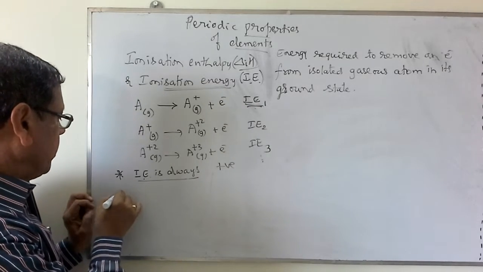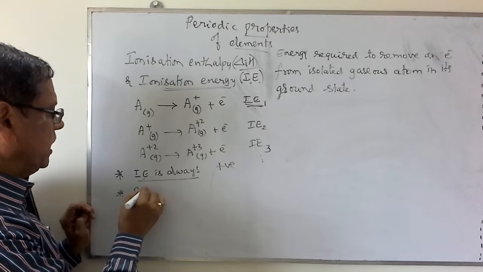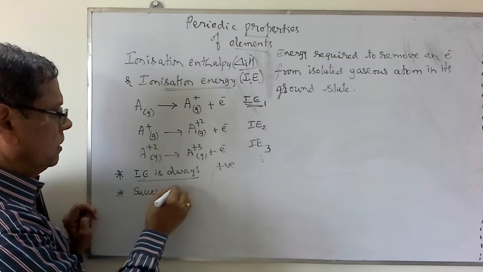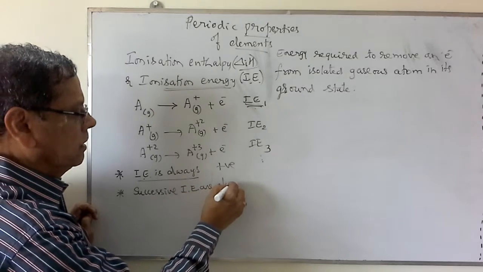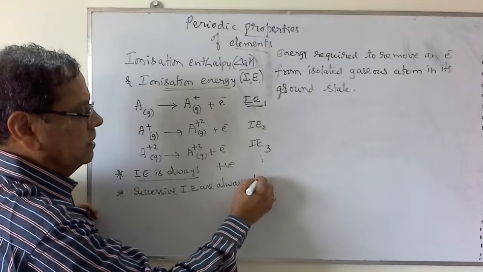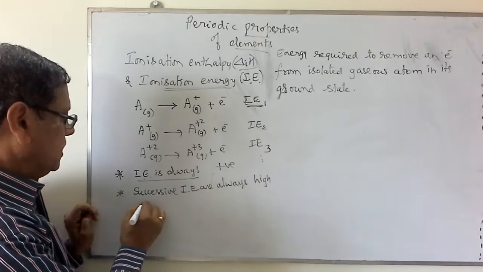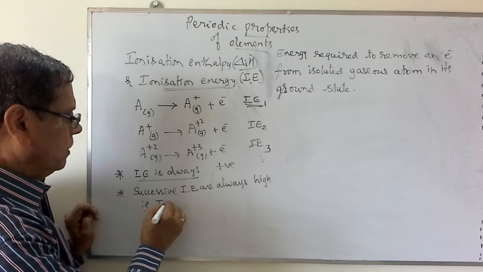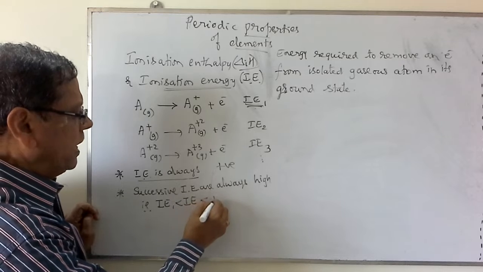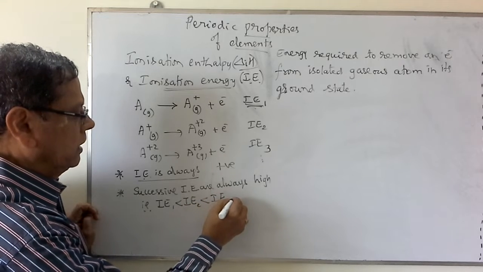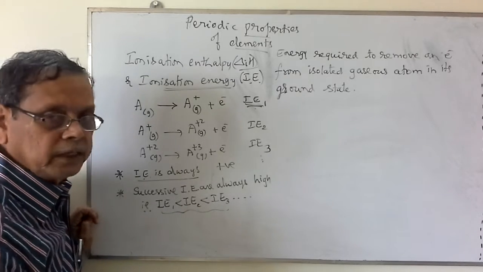The second important point is that successive ionization energies are always high. That means IE1 is lesser than IE2, lesser than IE3, etc. We have to give an explanation for this.